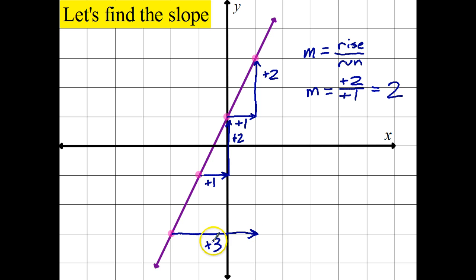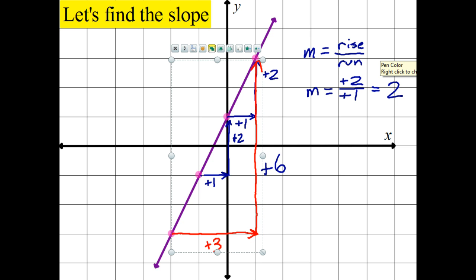So we went right 3. Let's see if we go up 6. We'd go up 2, 3, 4, 5, 6. Okay, and we went up 6. Let's color that line red so you can see it a little bit better.